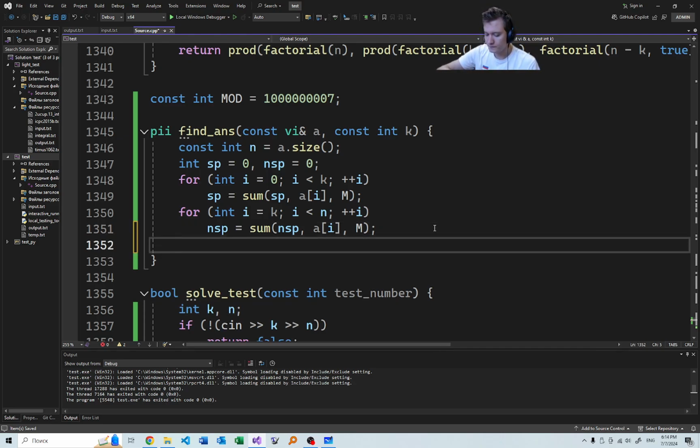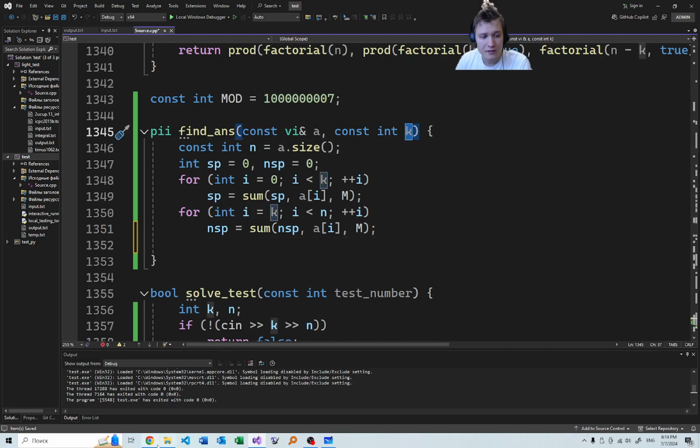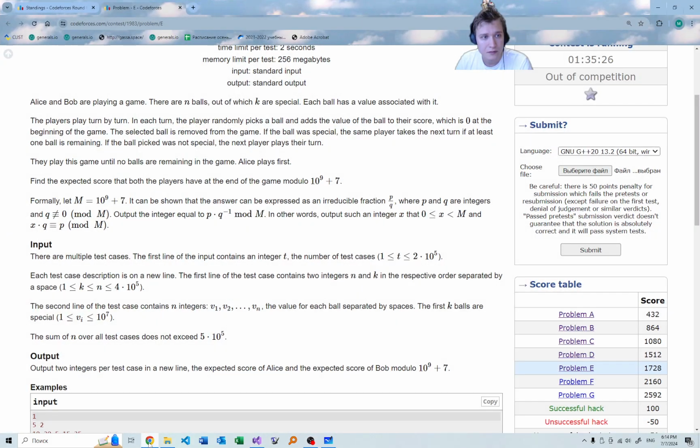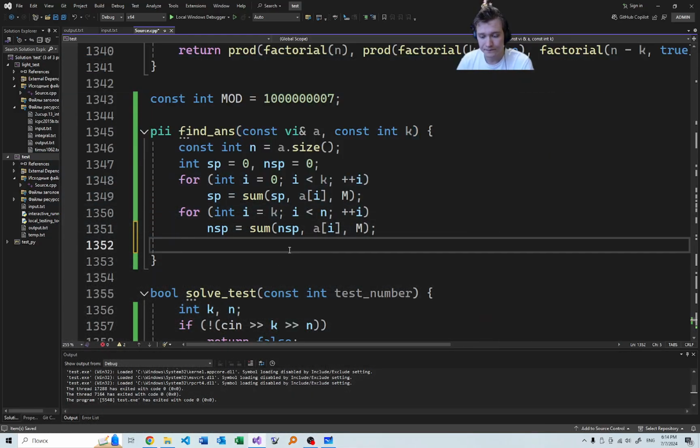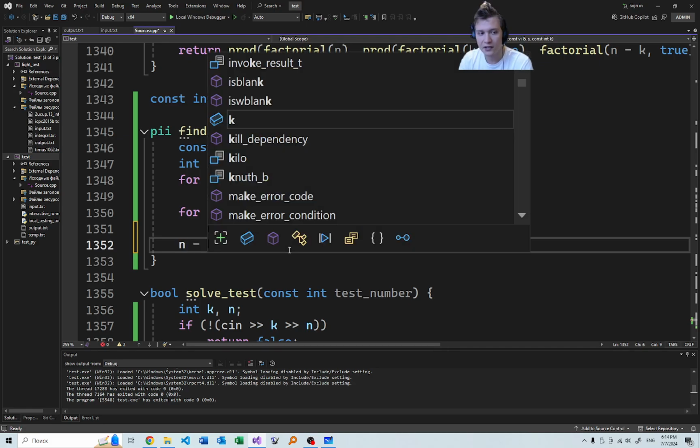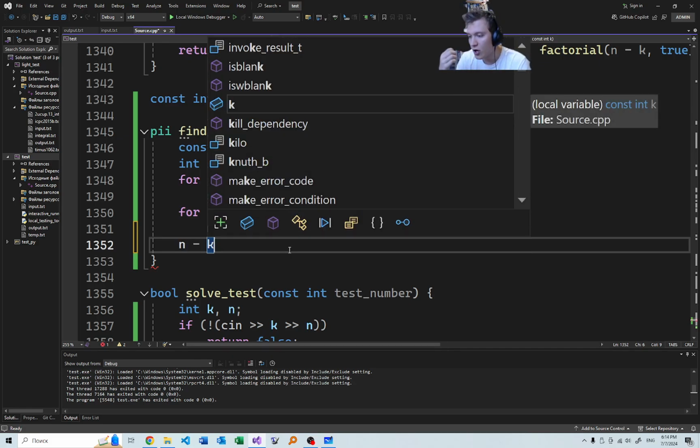Now, we need to understand what the parts are. So if there are k special balls, there are n minus k not special balls. So how many of them does the first player take?